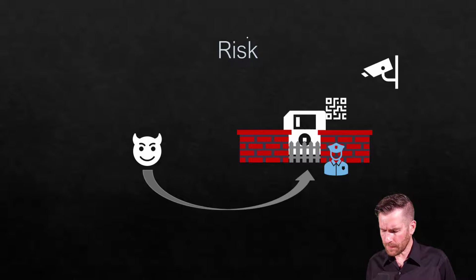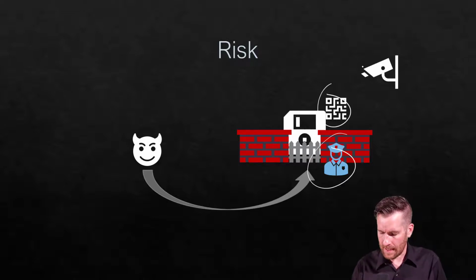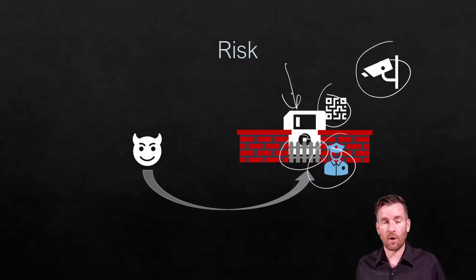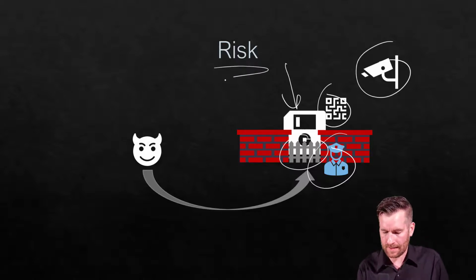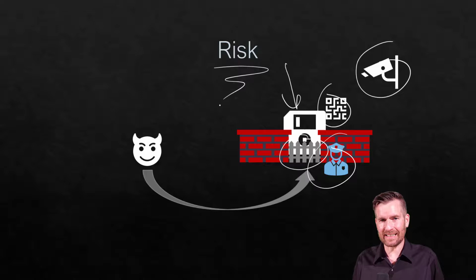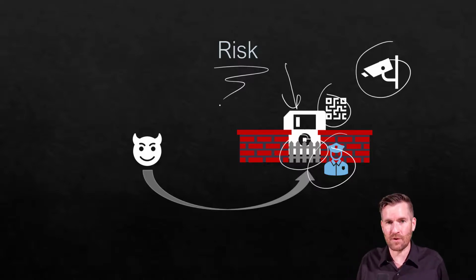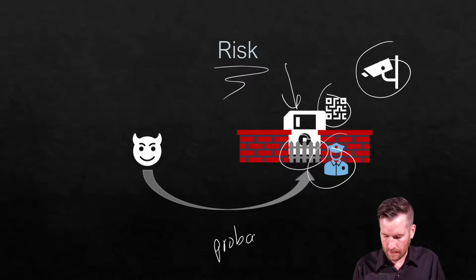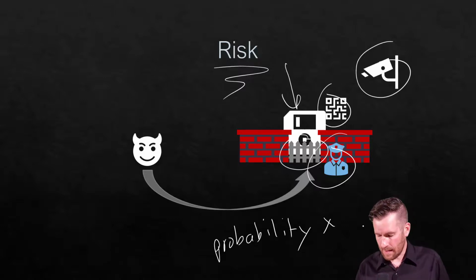So when we implement all of these mitigation steps to ensure the security of our data, we're reducing the amount of risk. Risk is the chances that something is going to happen, and there's actually an equation for it. So risk equals the probability of something happening, how probable is it, times the impact that it's going to have to the company.